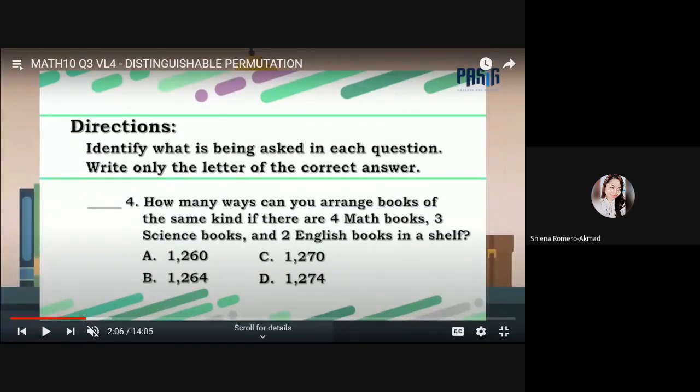We have 9 objects to arrange, and then we have the answer here, letter A. Mamaya mas maintindihan nyo bakit kaya yan yung mga sagot.